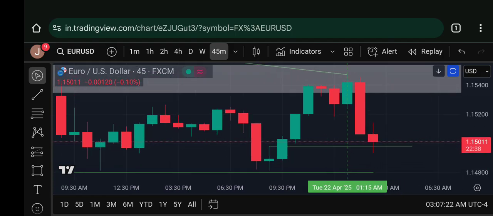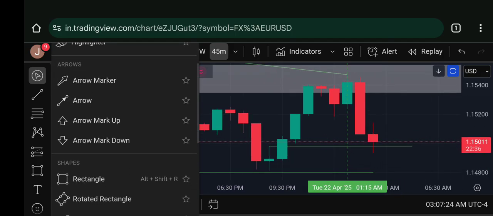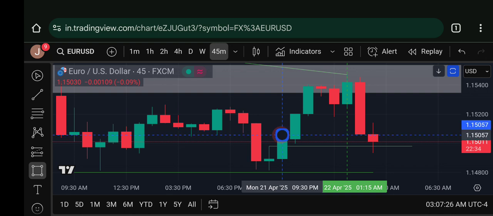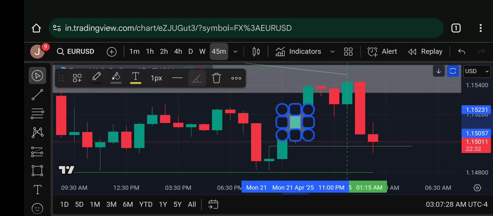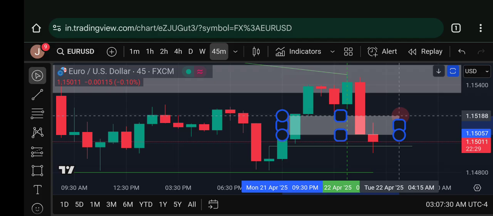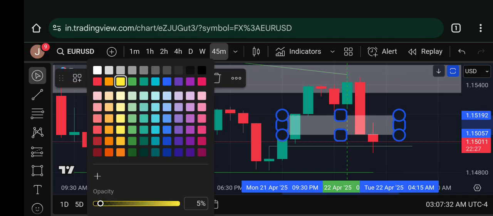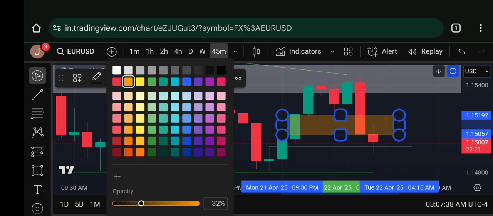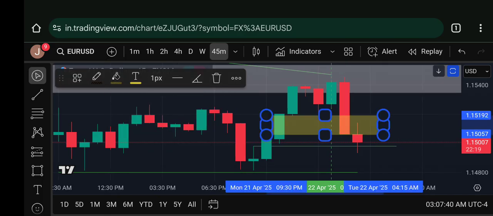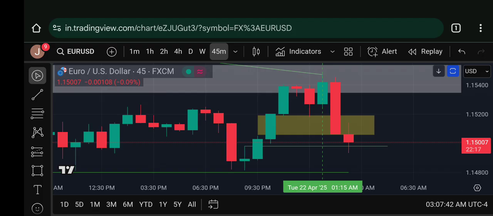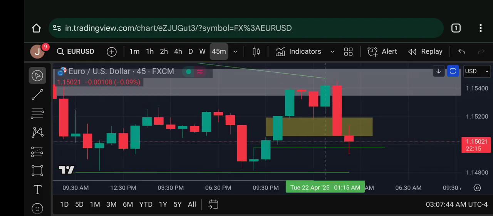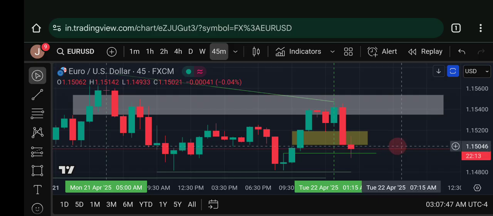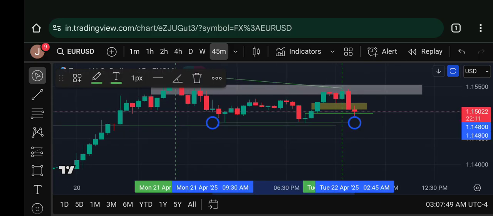I was just waiting for a fair value gap to get inverted, and here it is. We can see the inverted fair value gap here, and if price inverts this fair value gap, where will it go? It will definitely move to sell side liquidity.